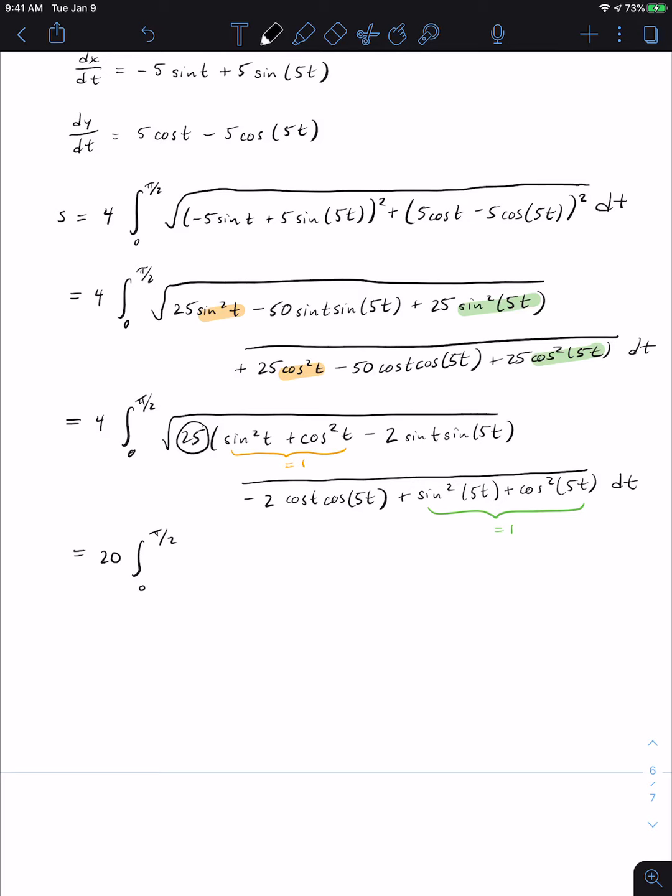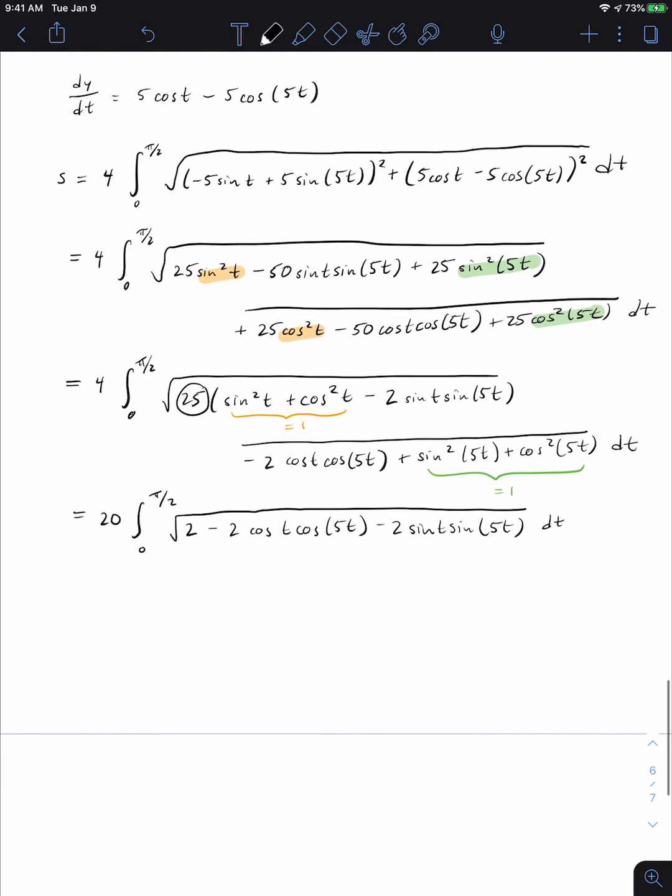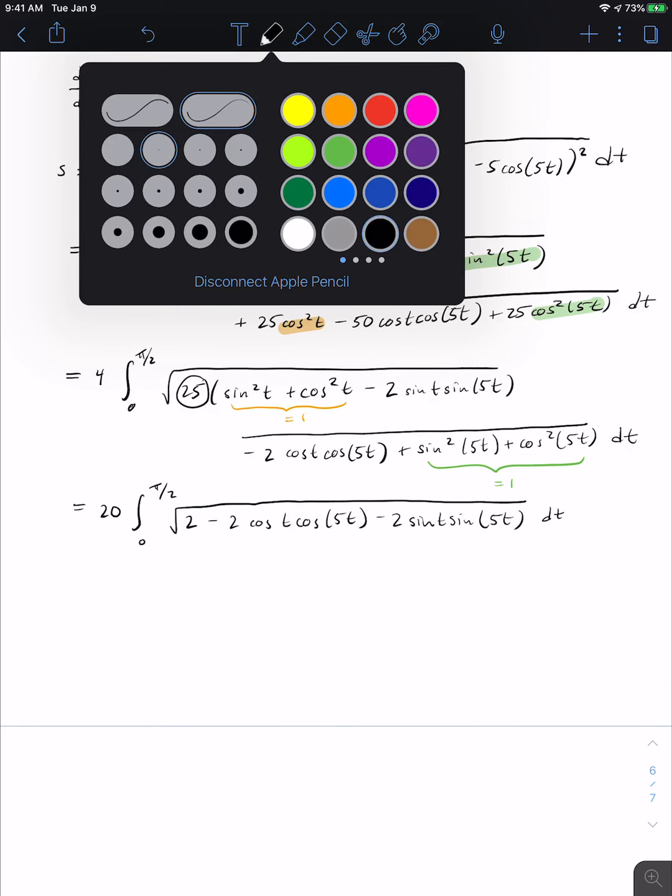So the 1 plus 1 gives me 2 minus 2 cosine t cosine of 5t, minus 2 sine t sine of 5t. It doesn't really matter what order I put it in, as long as I keep subtracting. But this is going to be easier to use an identity.